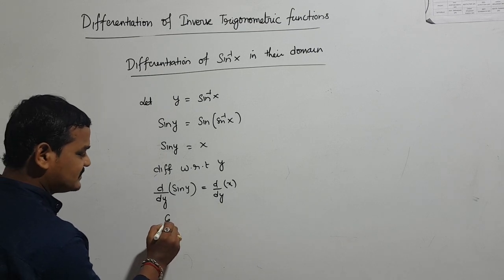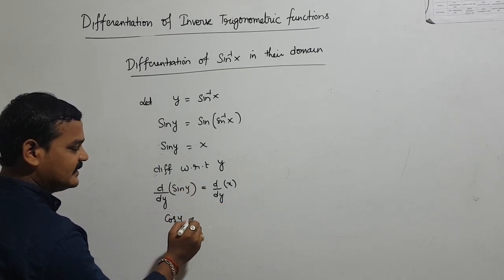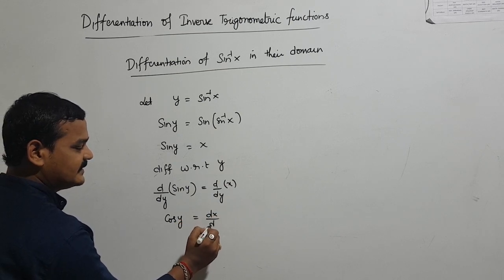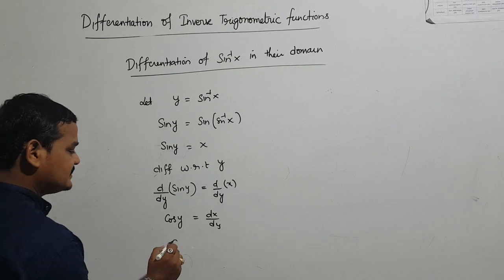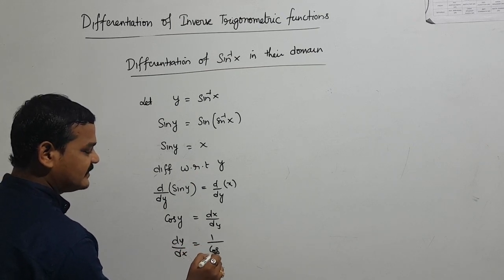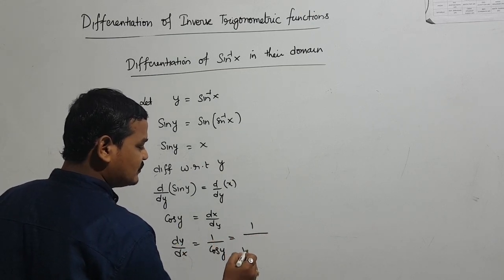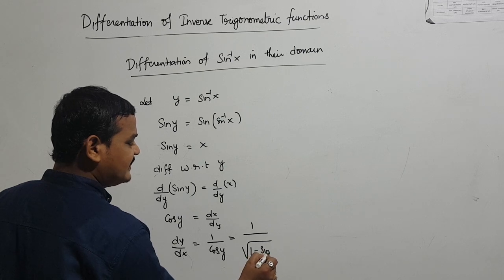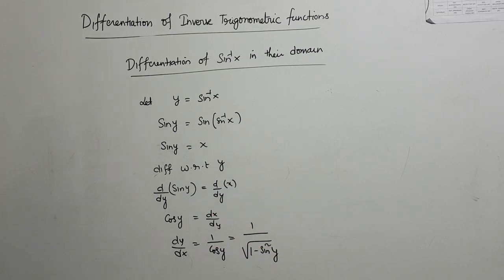It is cos y into dy by dy, which becomes 1, is equal to dx by dy. So cos y is equal to dx by dy. So dy by dx means the reciprocal of this function, that is 1 by cos y. 1 by cos y can be written as 1 by root over 1 minus sin square y, because cos theta is equal to root over 1 minus sin square theta.